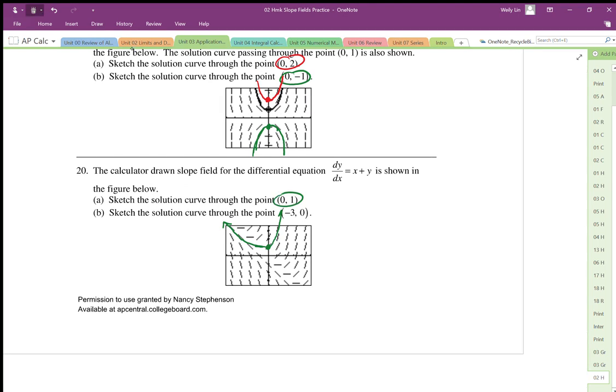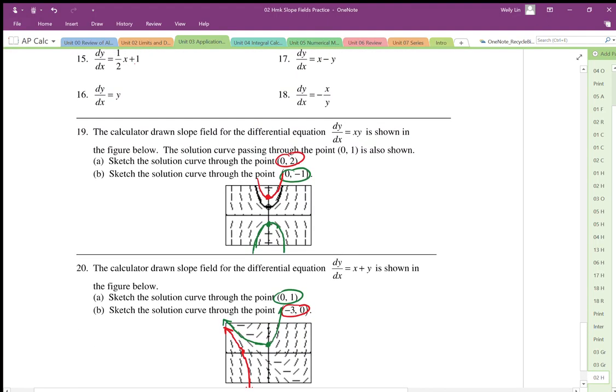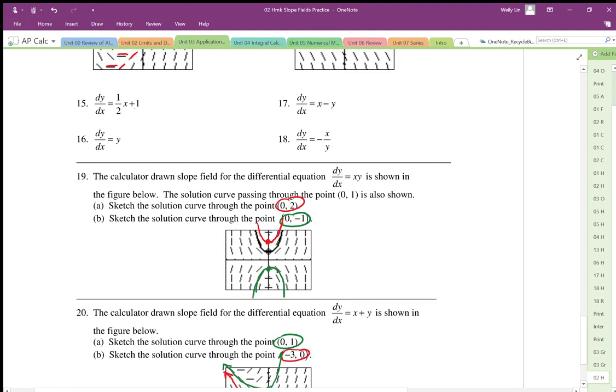If I start a point somewhere else, for example, negative 3, 0, so 1, 2, 3, negative 3, 0 is right there. If I were to follow the slope field, it looks like it's going to follow this kind of shape here. And they both look like they have an asymptote along that line. So these are some selected solutions, so make sure that you try these on your own, but you can check some of these over in the video.